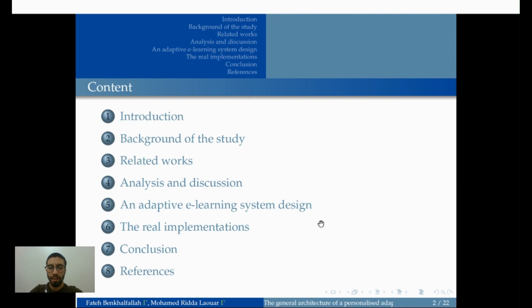Next, define and describe the architecture, components, strategies, and aspects, and highlight the key features of the practical implementations that underlie all adaptive e-learning systems. Lastly, a concluding section. The main objective of this presentation is to provide a review of the research and overall structure of adaptive e-learning systems.